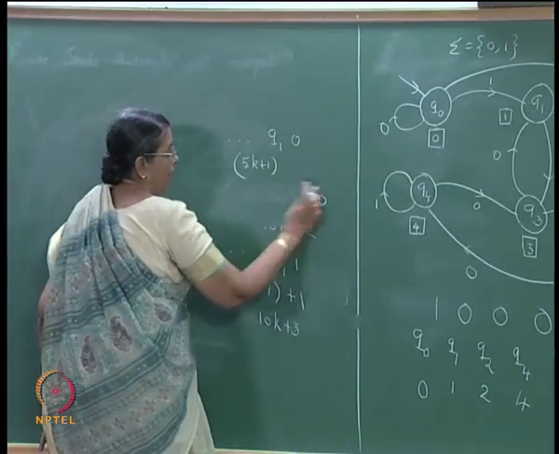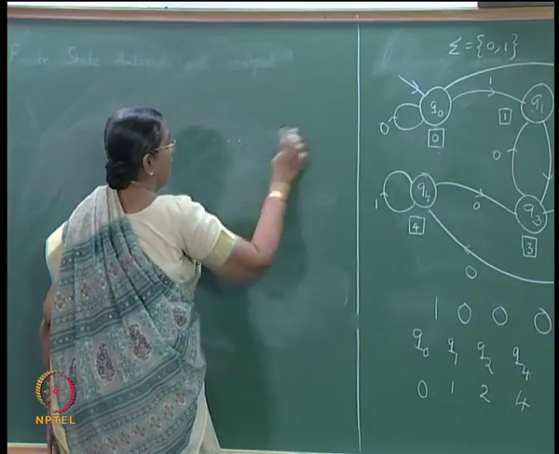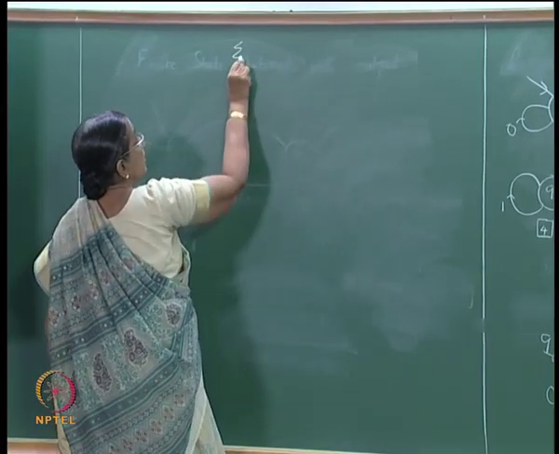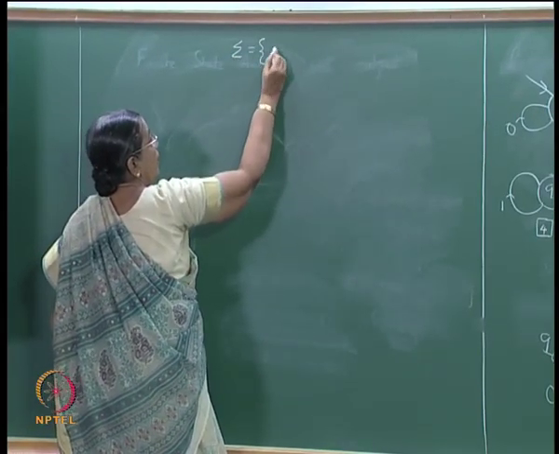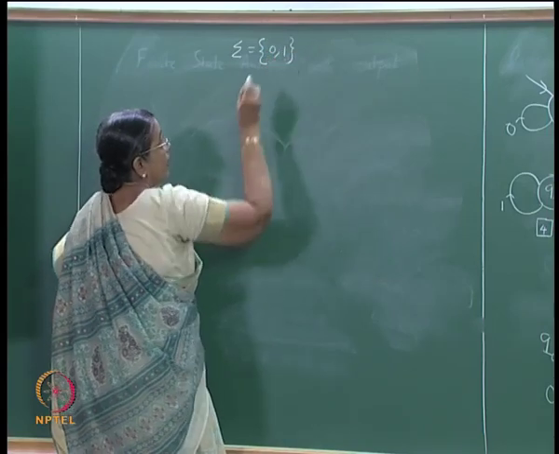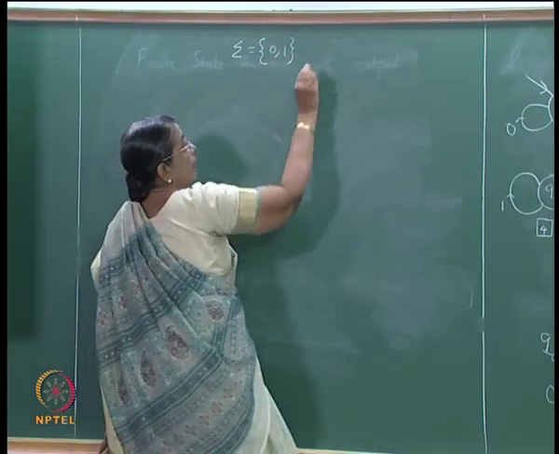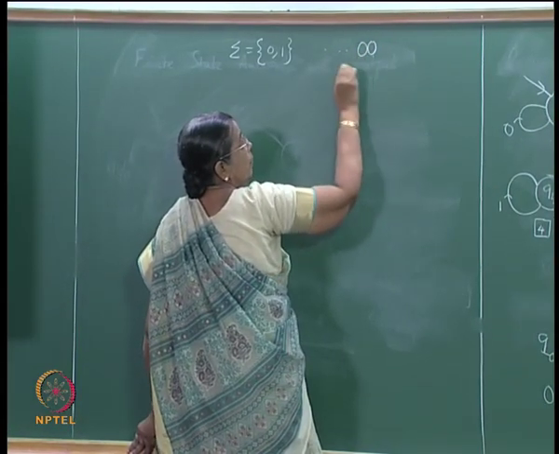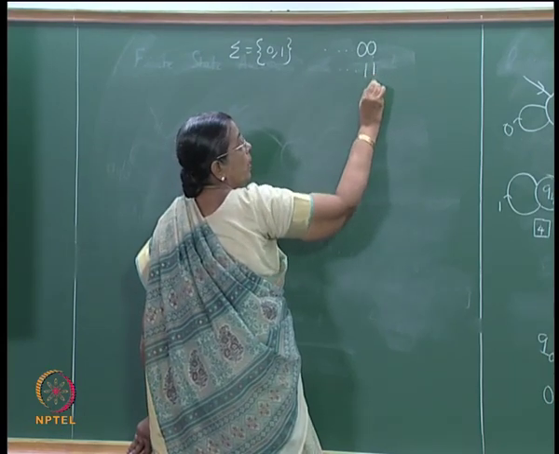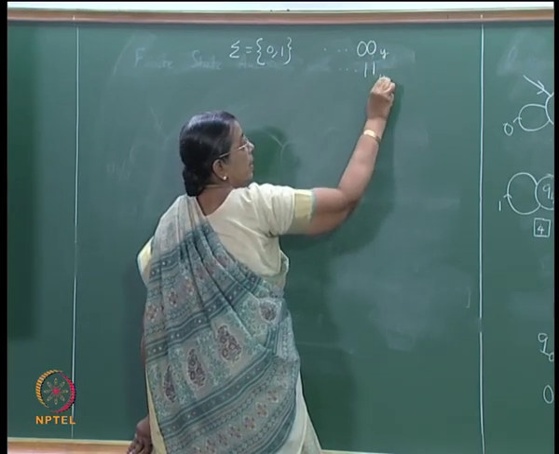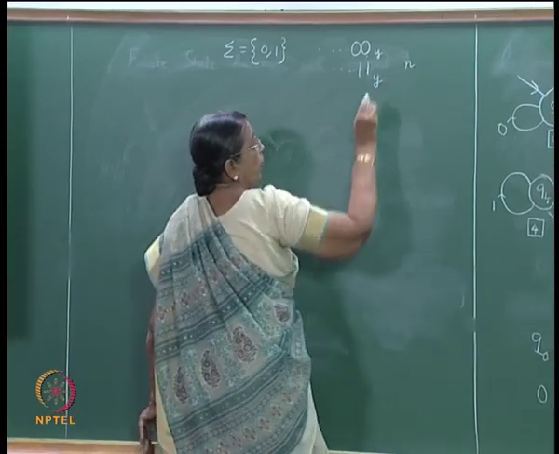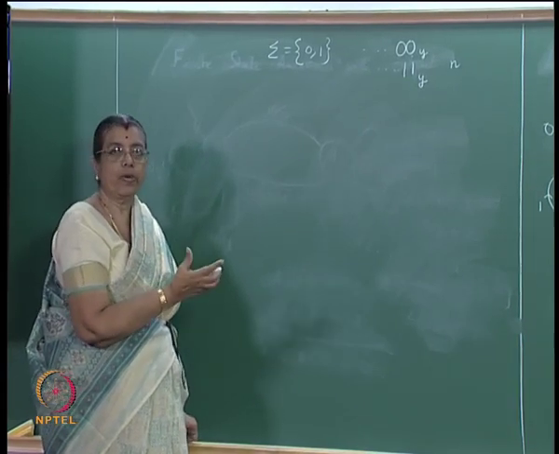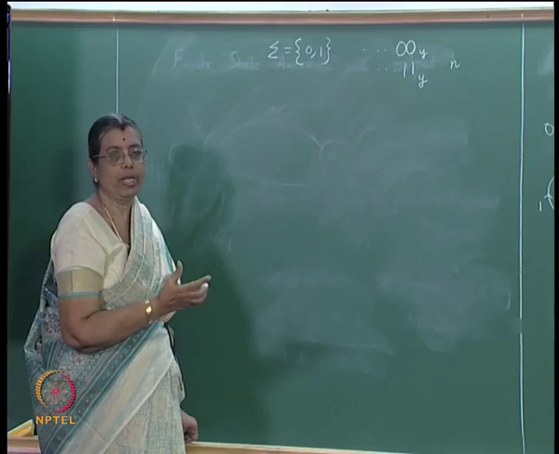Now, let me go to an example of a Mealy machine. You consider strings over the alphabet 0, 1, and if the string read so far, at the end you have 2 consecutive zeros or 2 consecutive ones, you output a yes, otherwise you output a no. The last 2 symbols read, if they are 0, 0 or 1, 1, you output a yes, Y symbol.